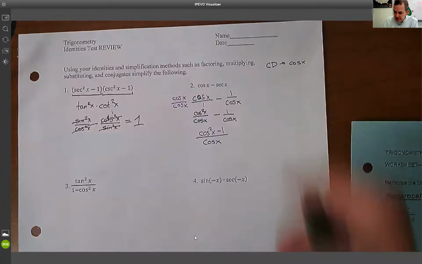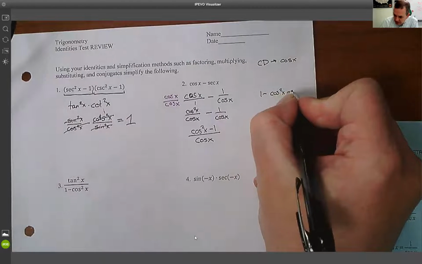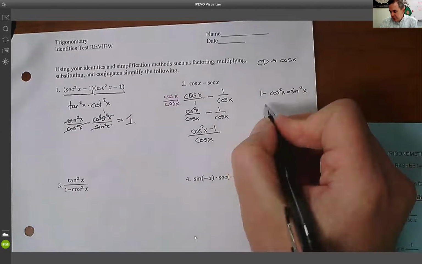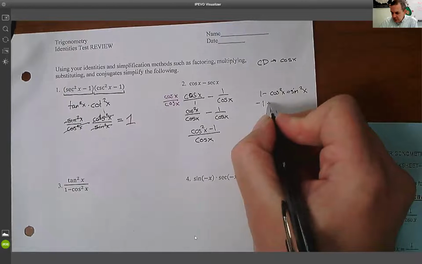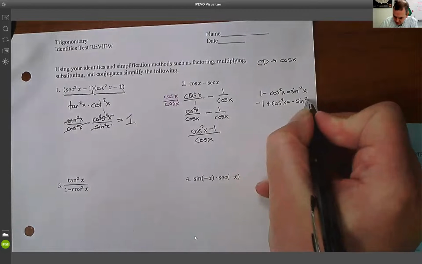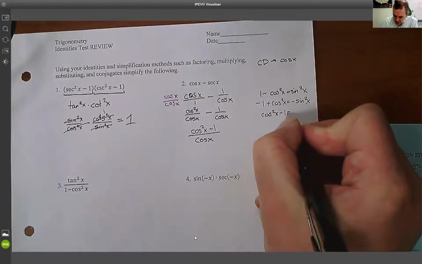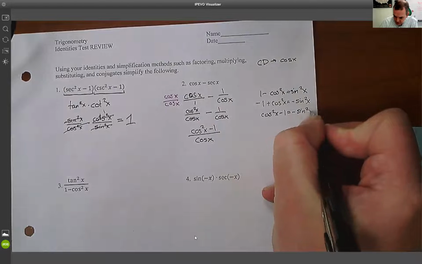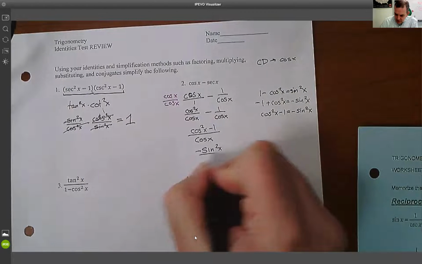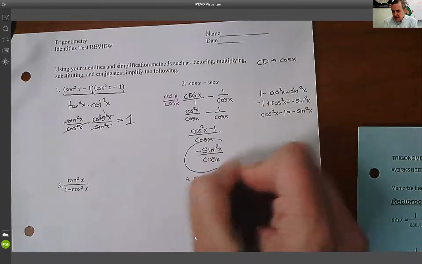Basically, if 1 minus cosine squared x equals sine squared x, and I multiply everything by negative 1, I get negative 1 plus cosine squared x equals negative sine squared x. Rewriting, cosine squared x minus 1 equals negative sine squared x. So this becomes negative sine squared x over cosine x. There's nothing that can really simplify that. That's my answer.